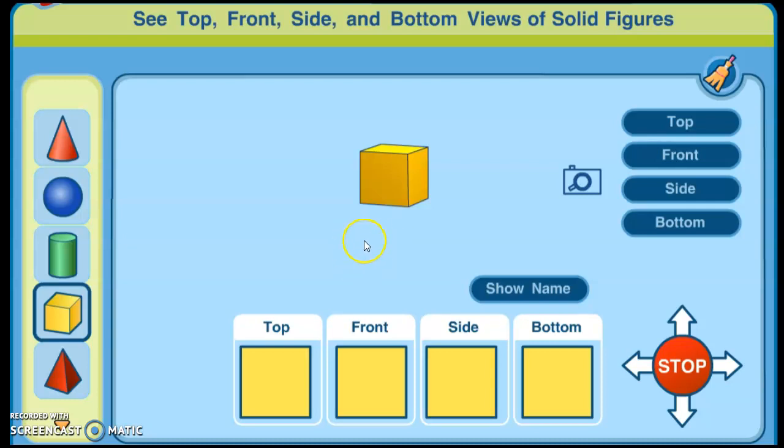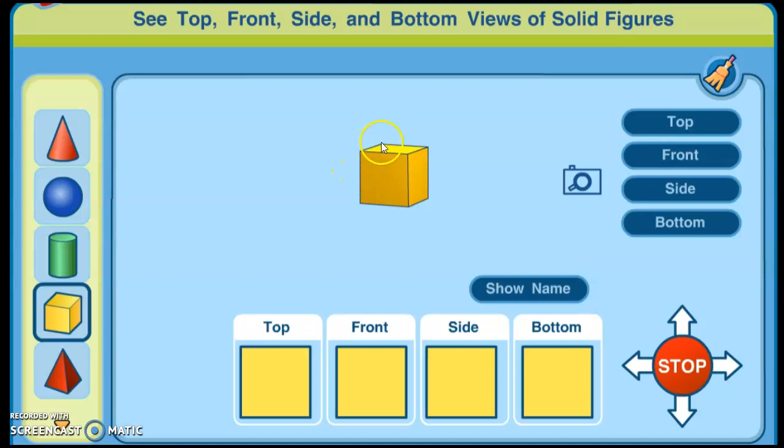But if we look at the flat surfaces, there would be one here, and then on the other side where you can't see, there's one here, and then on the opposite side of where you can't see, there's one right here, and then there's another one on the opposite side down below where you can't see the way it's sitting right now. So 6 flat surfaces, and then there are 8 vertices.